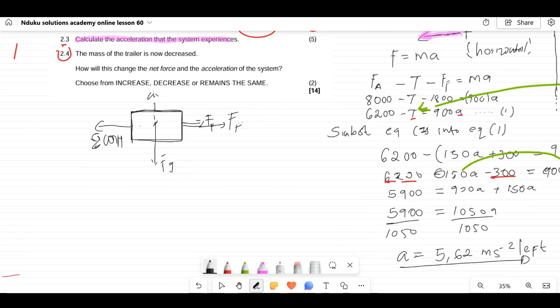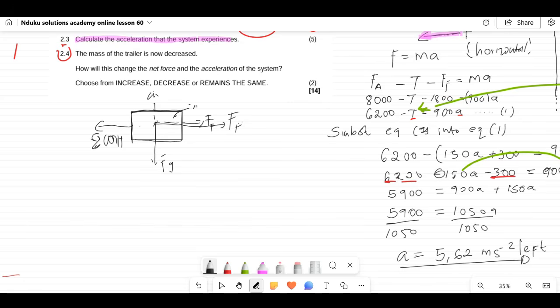So let me just write both of them. This is just conceptual understanding, relate them to real life problems. What is actually happening is that the total mass of this object would have decreased. And how will that affect the frictional force of the trailer?